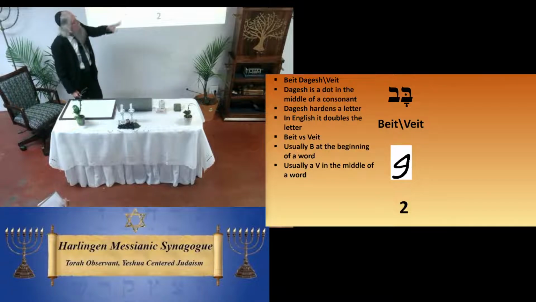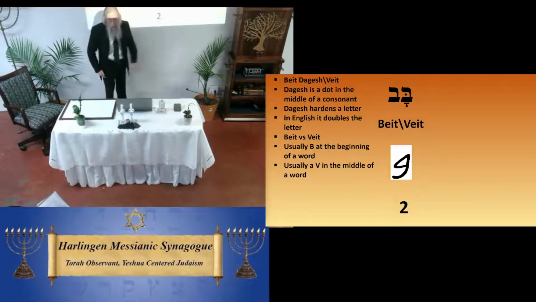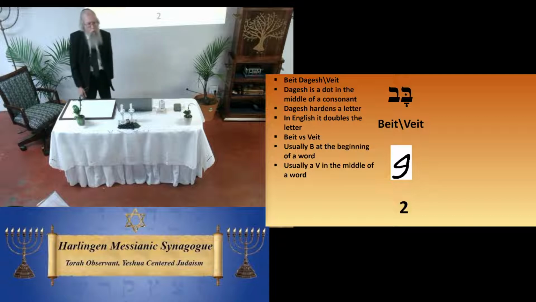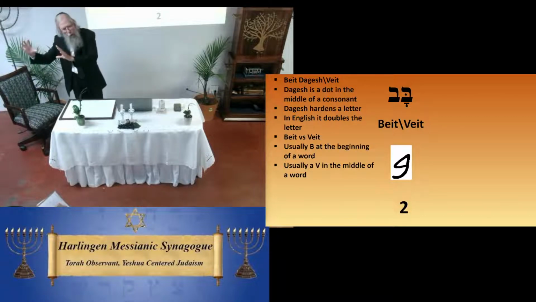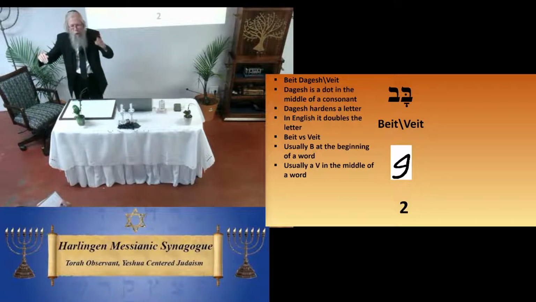Oftentimes you'll see the beit at the beginning of a word, and then the three-letter consonant or the three-letter root. So it's beit, resh, shin, tav. Bereshit.